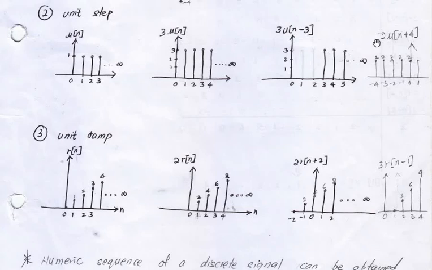What if you have 2 u(n plus 4)? The amplitude is 2 and n starts from minus 4, because n plus 4 equals 0, so n equals minus 4. So from minus 4 to infinity, you have the amplitude of 2.